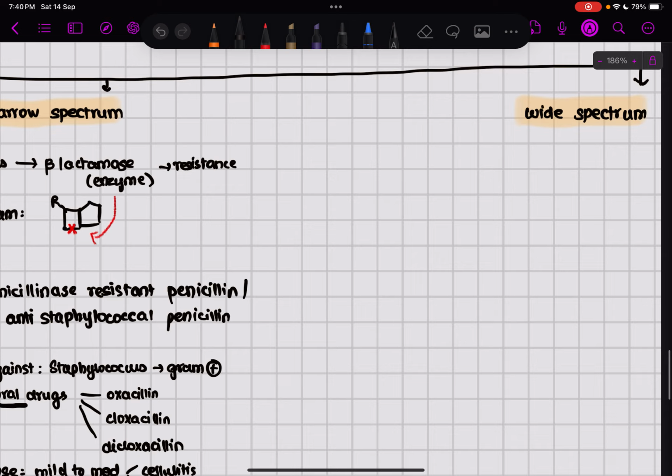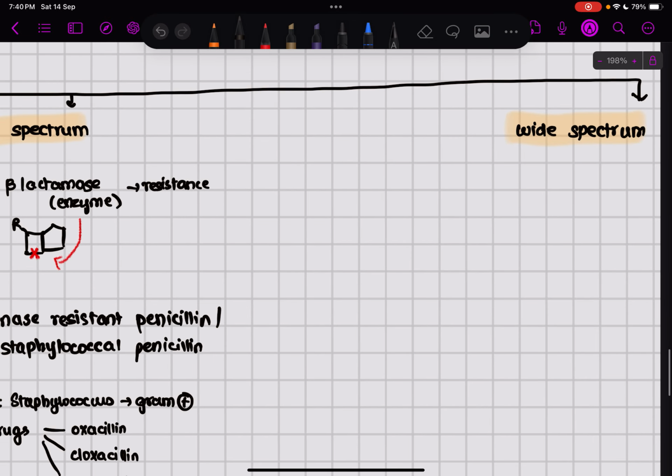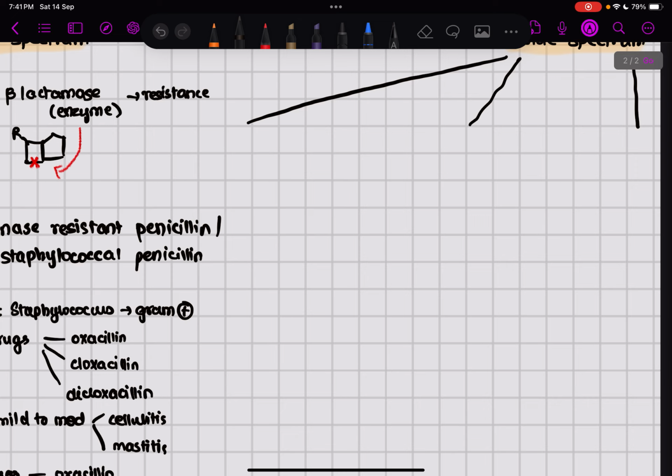Now we have gotten into the wide spectrum ones. These wide spectrum drugs are called anti-pseudomonal drugs. They are mainly divided into three: carboxypenicillin, uridopenicillin, and aminopenicillin.